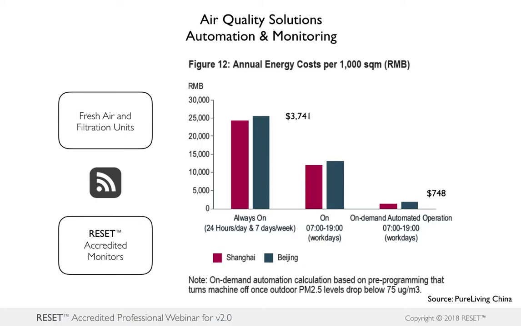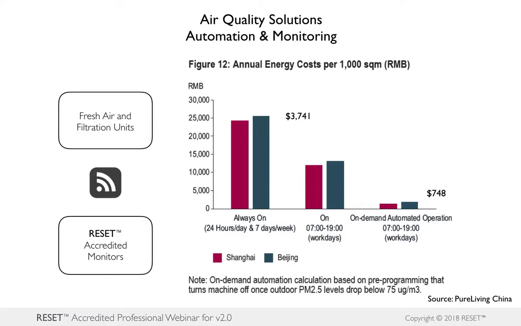And then the next step in the effectiveness of this concept is the overall approach and tactic of tying them to an automated system. So using monitors to help determine when the filtration units need to be utilized.